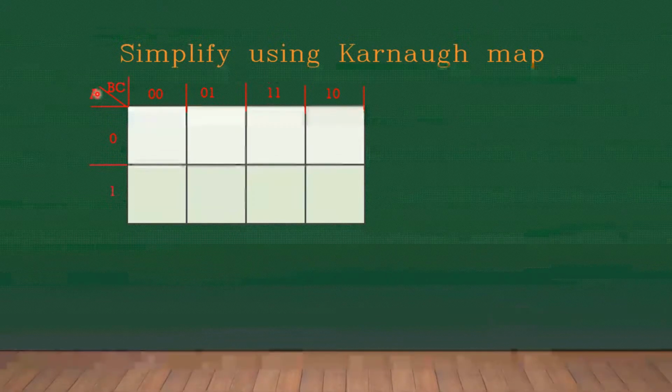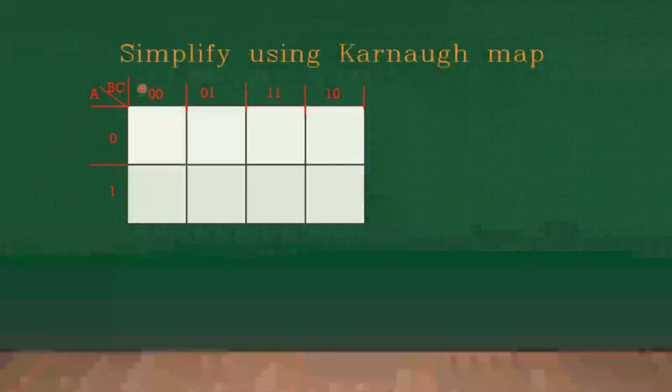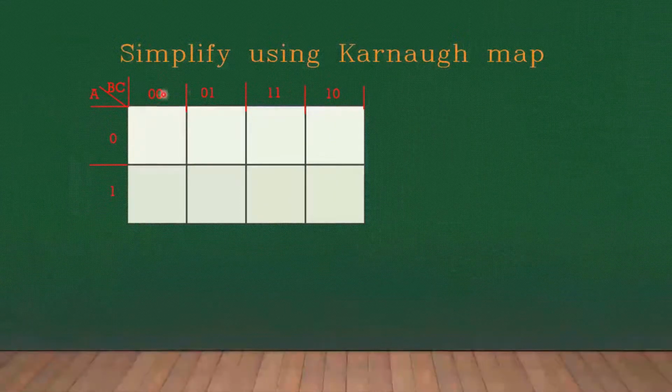Because of 3 variable inputs, we can take one of them on the row and combine the other 2 on the columns. Here on the row we have A, only one variable, that is 2 raised to 1, which is 2, so either 0 or 1. But for 2 inputs, 2 raised to 2 is 4, so we have 4 possible inputs.